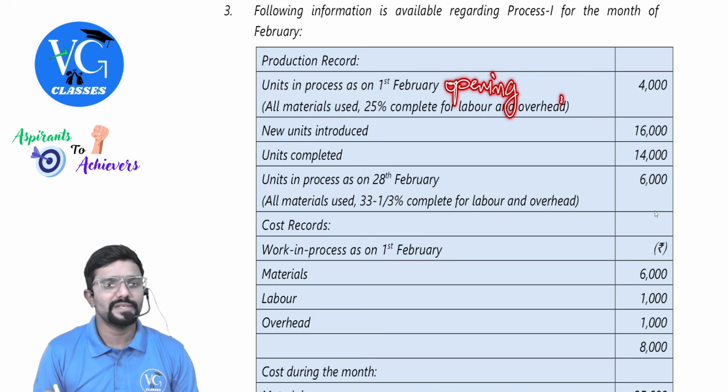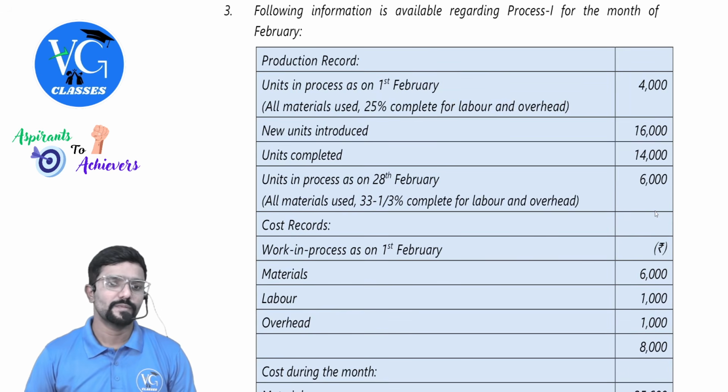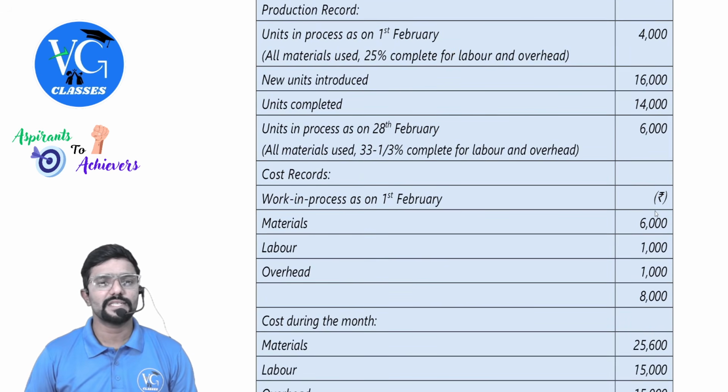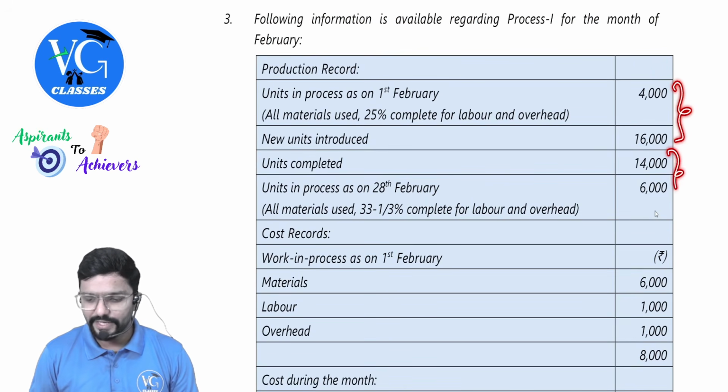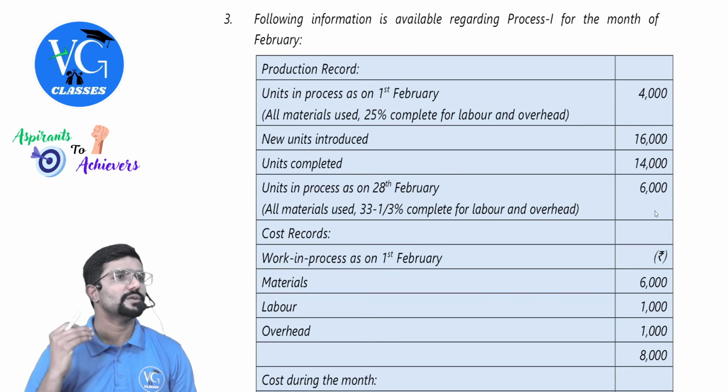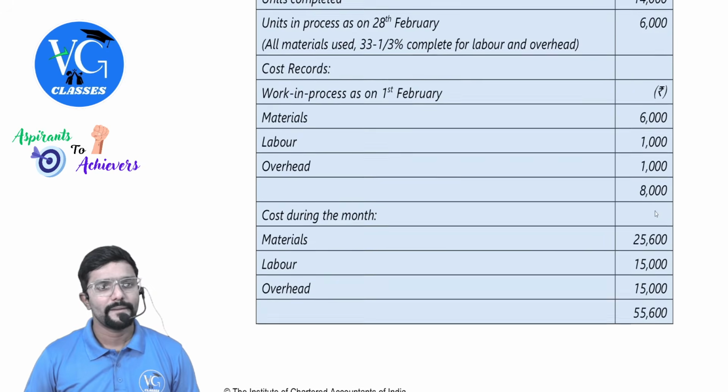All material used means 100%, 25% complete for labor and overhead. New units introduced is 16,000 units. Units completed is 14,000. Units in process as on 28th February: all material used means 100%, whereas with respect to labor and overhead it is 1/3, or 33.33%. Try to tally here: 20, 20, matching. No abnormal loss, no normal loss.